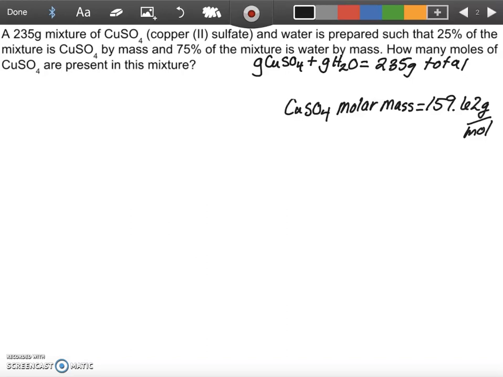So I want you to think back here, okay? It says that the total mass of this mixture is 235 grams. That is, if you add the weight of copper 2 sulfate and the weight of the water together, that will get you the total of this mixture.